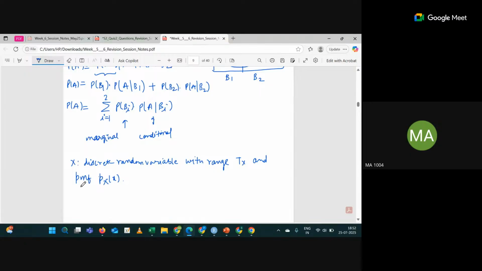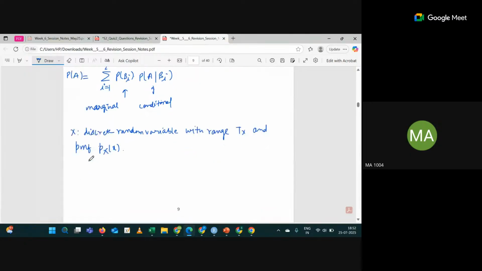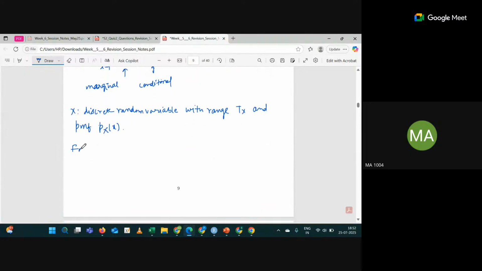Now what is the idea? For each value of x, from the range of X, suppose we have a continuous random variable Y_x.